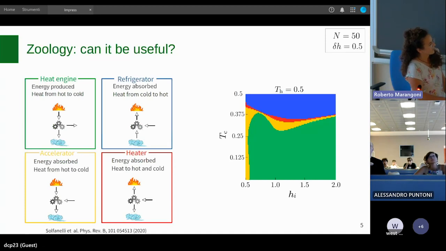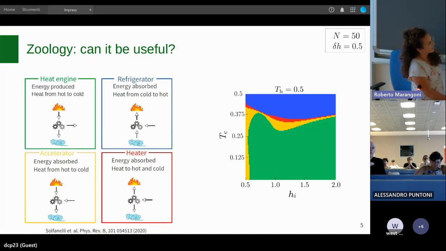Moreover, if you are starting here, you are quenching across the critical point, which I remind you is 1. If you are quenching here, you are quenching inside the paramagnetic phase, so no gap closure, everything is fine. This has been obtained for a cold bath at temperature 0.5 in units of the J of the Hamiltonian scale. T cold is on the y-axis.